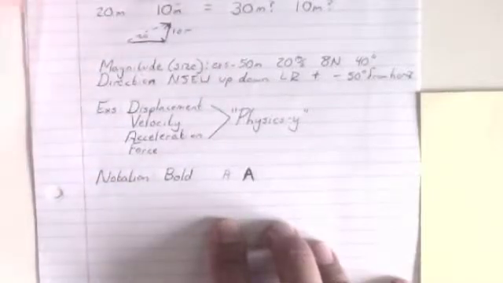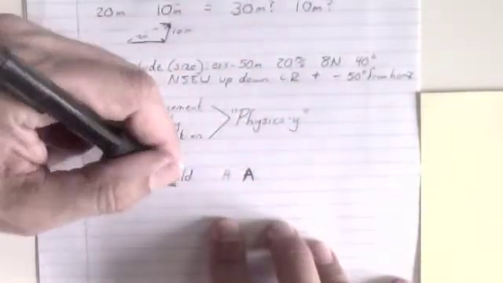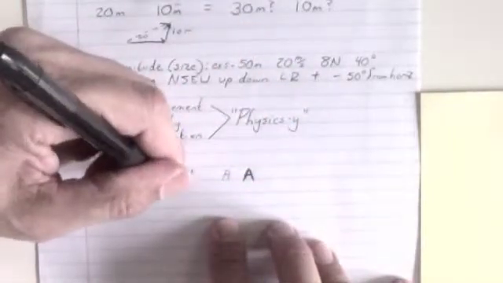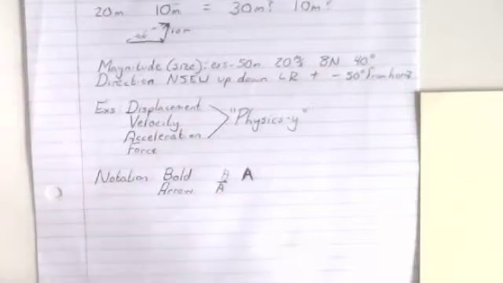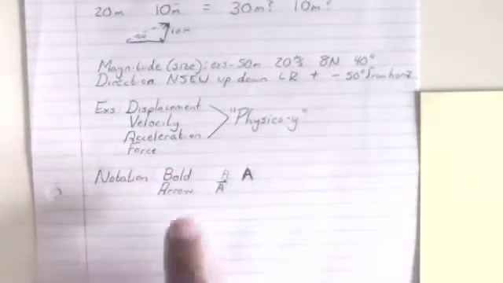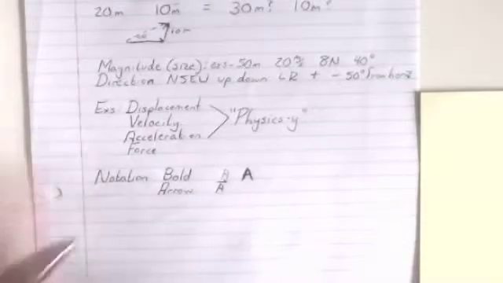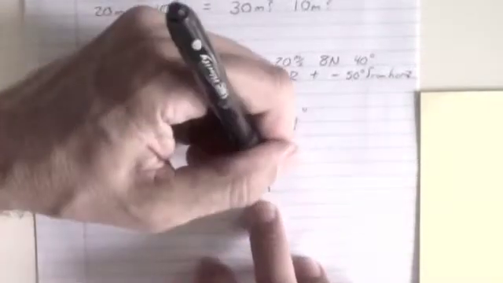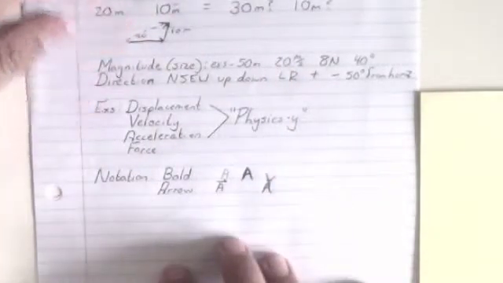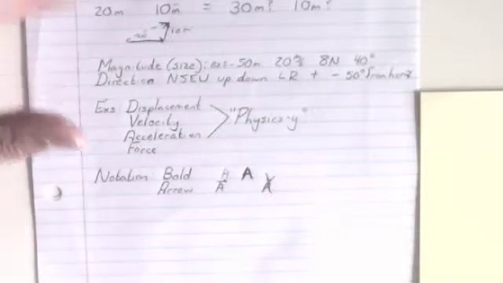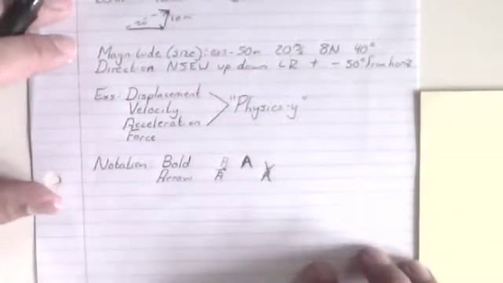I don't like doing the bold, so what we use is arrow notation. A with a little arrow on top of it. Okay, and that arrow is always going to the right. It's just a notation. There's no specific meaning about the fact that we draw an arrow over there. Sometimes you'll see it with just a line over it. I like to use that for average, so let's not really worry about that. But a little arrow is a good thing to have. Okay, so that's what a vector is.